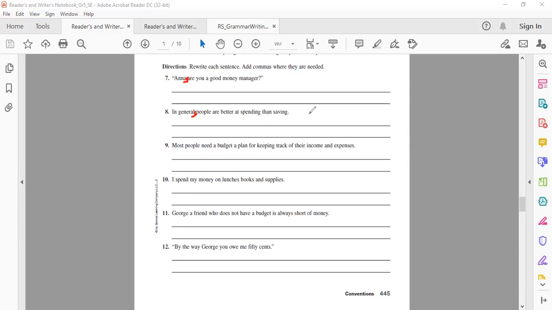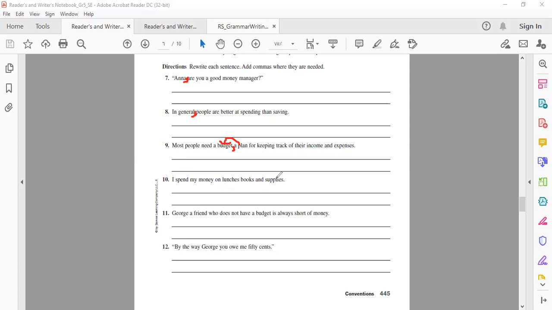Where is the comma again? After budget. Excellent. Why? Because a plan right here explains the budget. So most people need a budget, a plan for keeping track of their income and expenses. So what does it mean, budget? It needs to have a comma.